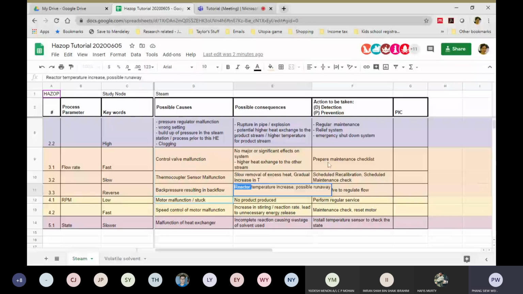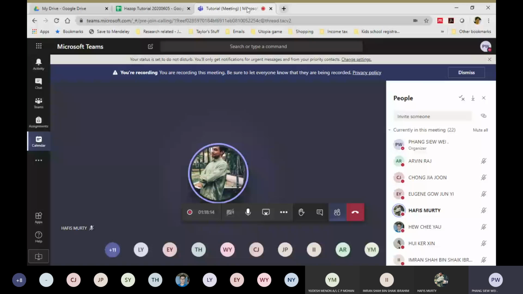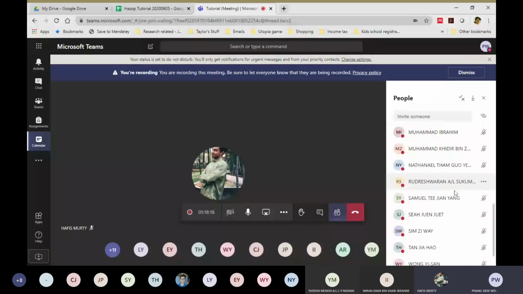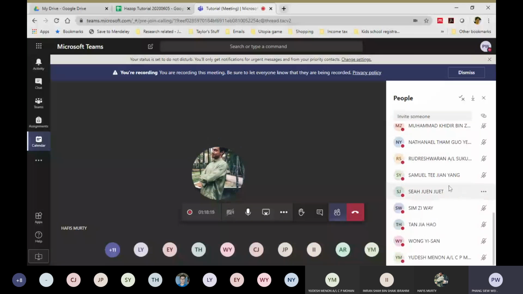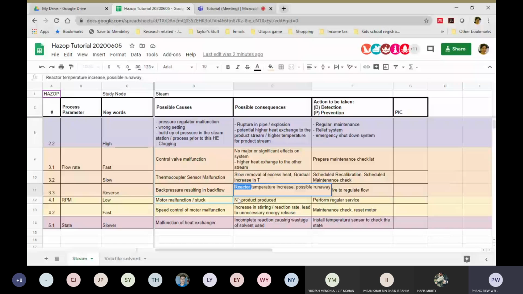So reactor temperature, I don't think it's the reactor. It's more of the steam station's temperature increase, possible runaway, means you push it back in.